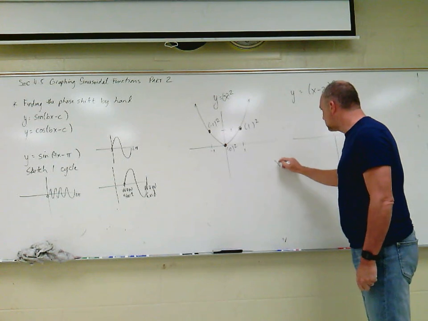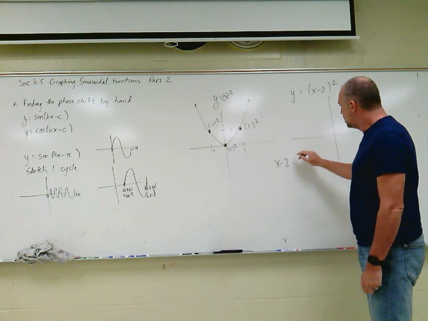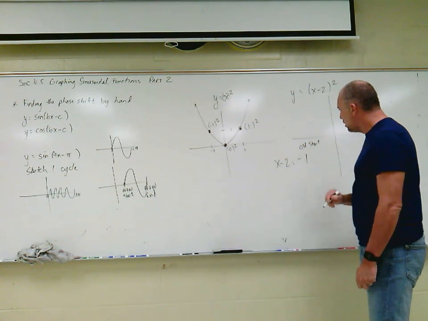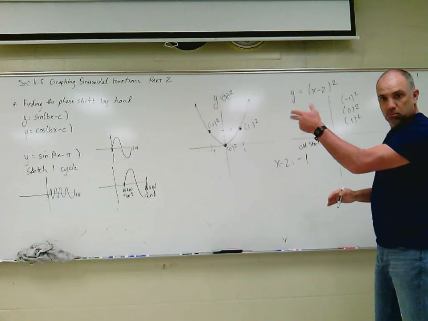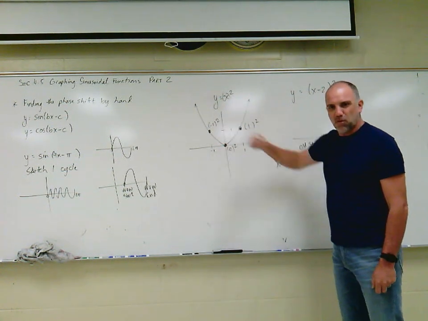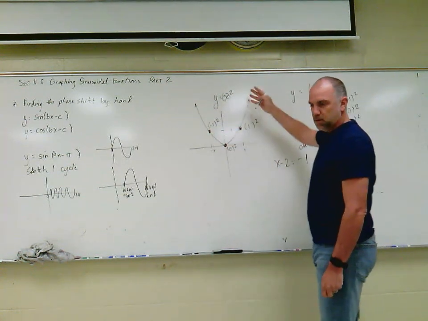I'm going to take my x minus 2, which is the inside, and set it equal to -1. This was the old start, the far left point, so I'm going to pretend this is my cycle here.